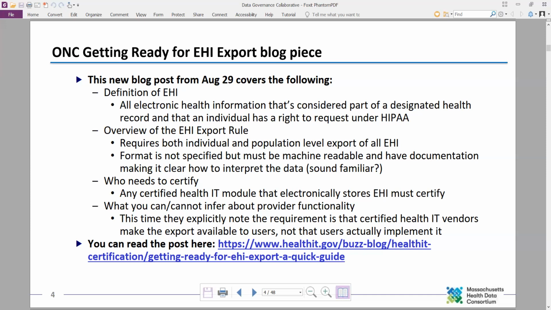And as we've discovered with the hospital price transparency machine readable format, the level of interpretation around what is and is not acceptable, and the variations in the formats and the level of documentation and how easily readable a machine readable file is, are all somewhat problematic. I would not expect it to be significantly better here.